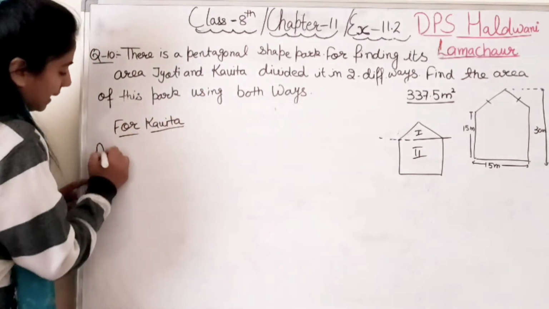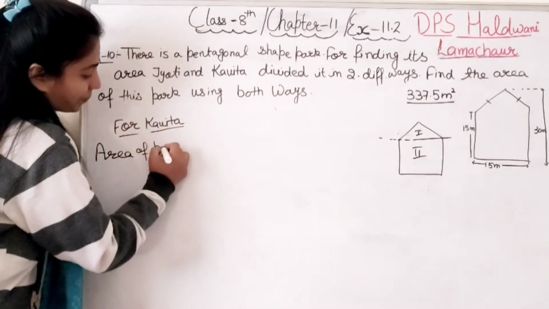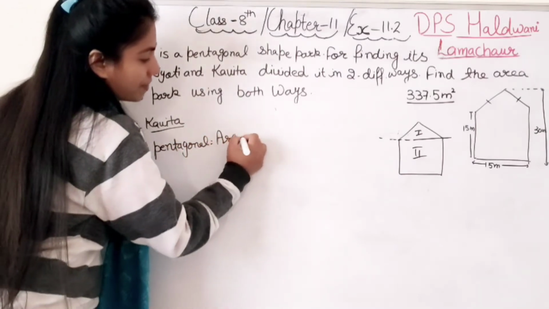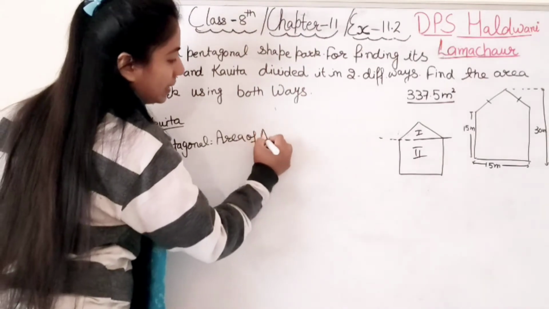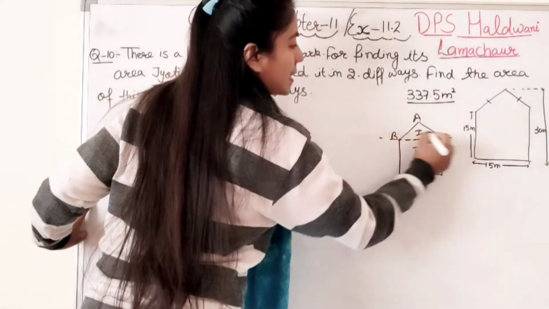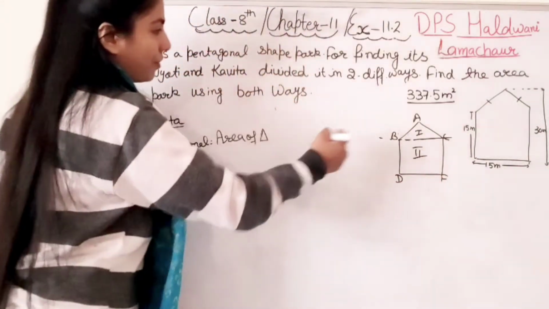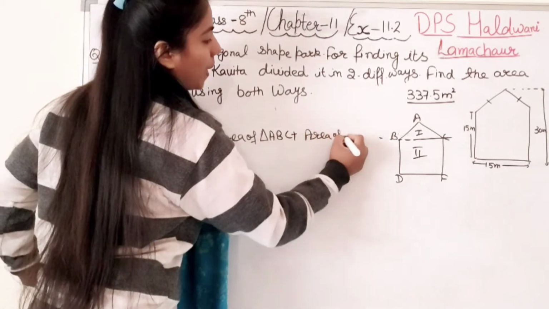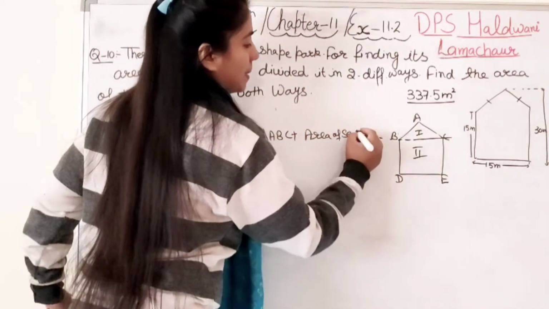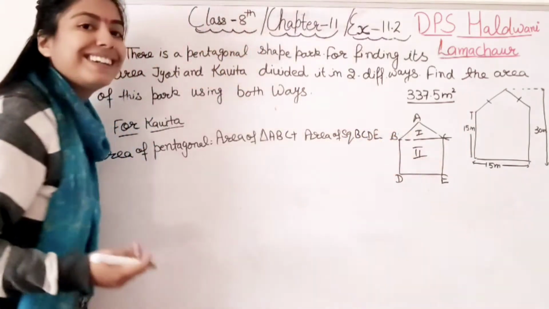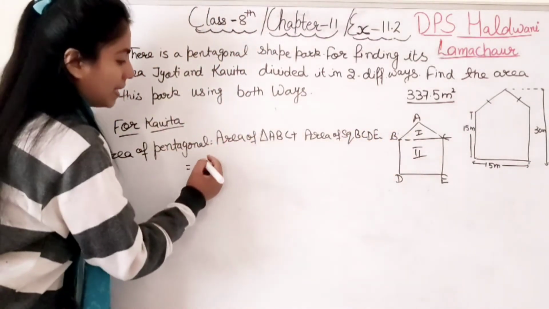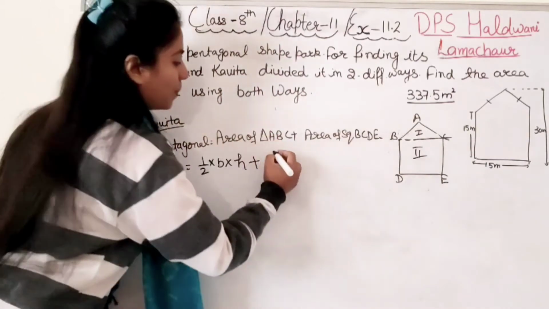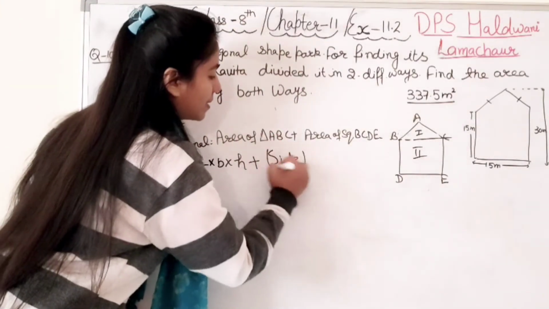First of all, the area of the pentagonal field will be the area of triangle, and you can also name it A, B, C, D, E. So area of triangle ABC plus area of square BCDE. Right? Now put the values. Area of triangle is half base into height plus area of square is side square. That is side square. Okay?